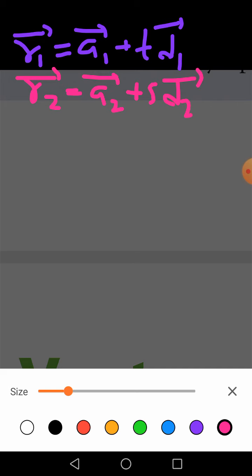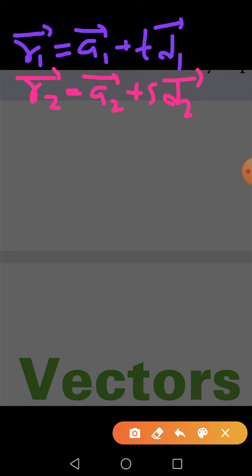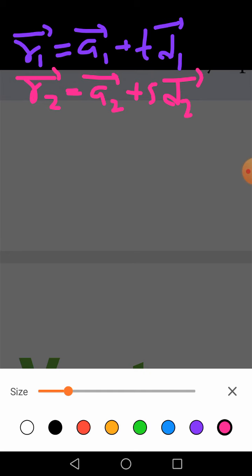Okay. So now the first thing that we have to consider is, are these two vector lines parallel?